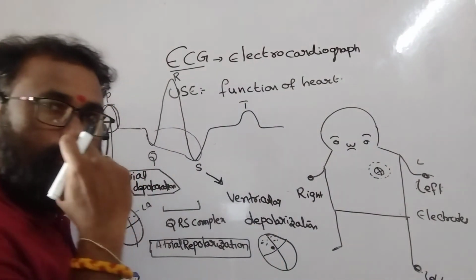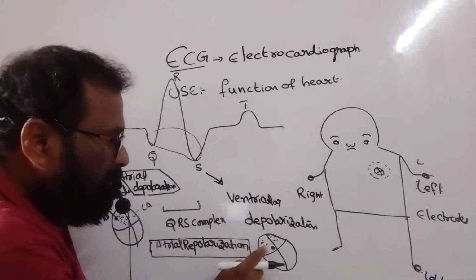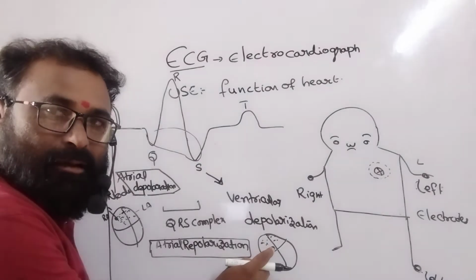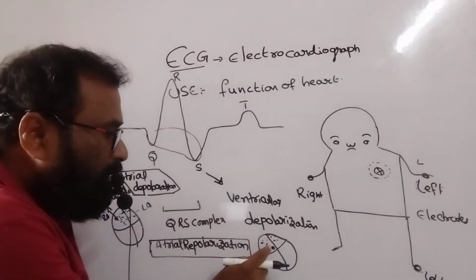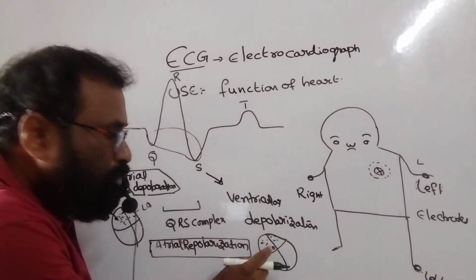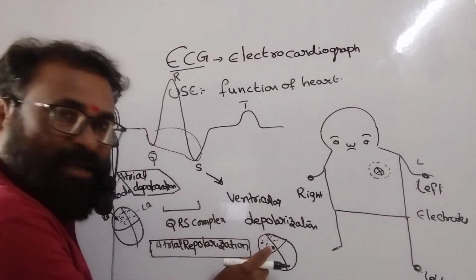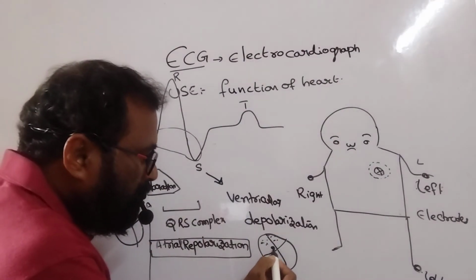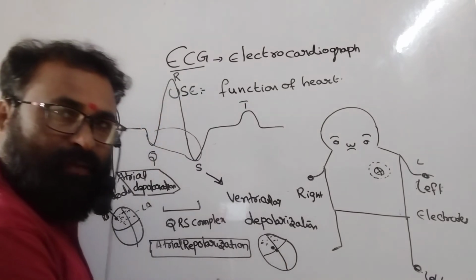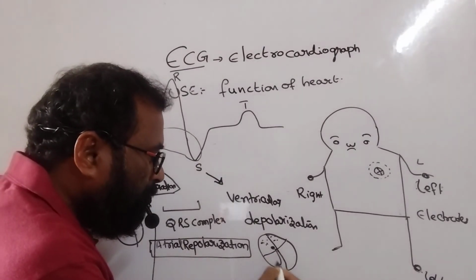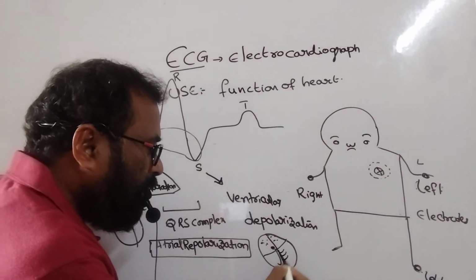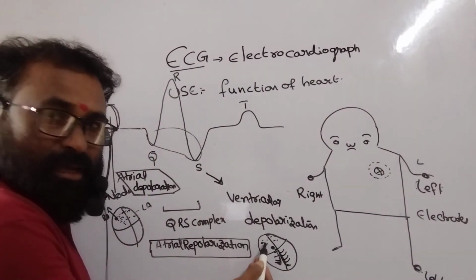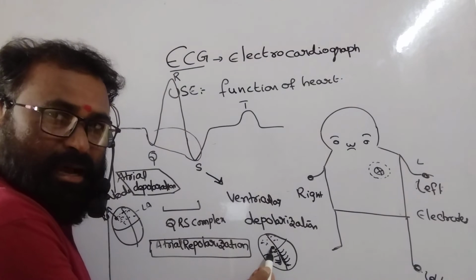The AV node is a relay point, useful for spreading the action potential from the atria to the ventricles. There are bundle branches and Purkinje fibers. Here action potentials reach the AV node.